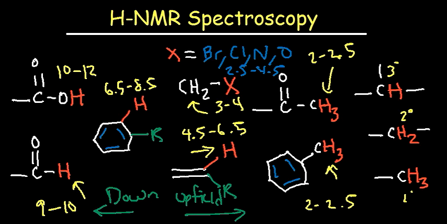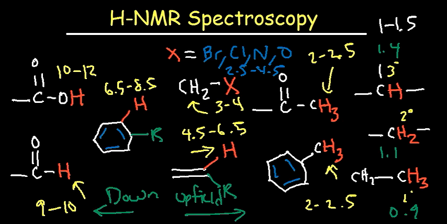It could be a little bit less than 1, maybe like 0.8, 0.9. A secondary CH2 group is a little bit more than 1, maybe like 1.1, 1.2. And the tertiary CH could be a little bit higher, like 1.4, 1.5. But if you have a regular CH3 that is attached to another CH2 and there's nothing special around it, it's usually around 1 to 1.5. Just a ballpark estimate.